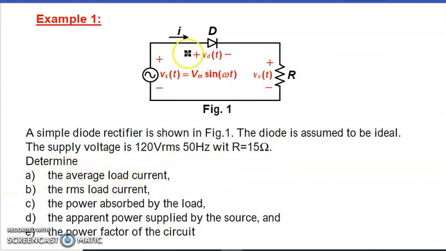How much current passes from the source through the diode to the load, the average value. And what is the RMS value of the current. Then how much is the power absorbed by this R, and how much is the apparent power supplied by the source, the S value, the P value.